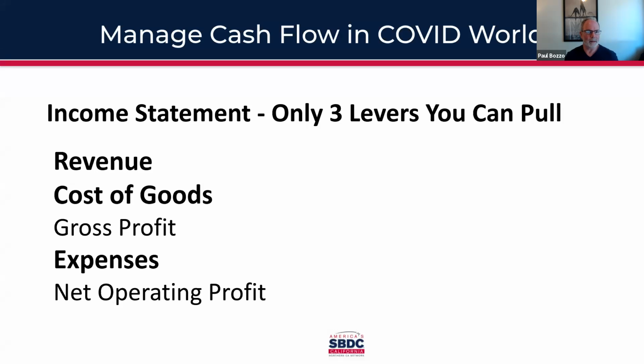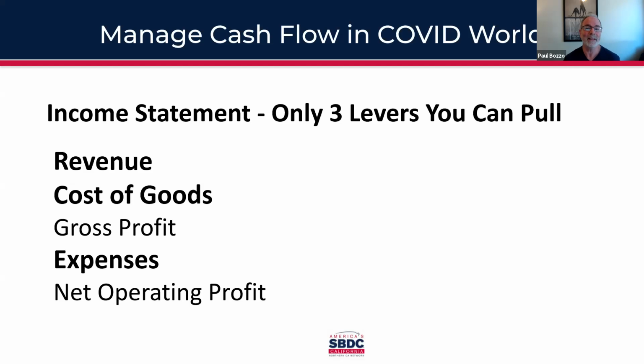If we think about the income statement from a business owner's point of view, you've really only got three levers you can pull. A typical income statement is revenue, cost of goods, gross profit, which is simply a mathematical calculation, then your expenses and net operating profit, which is just math.